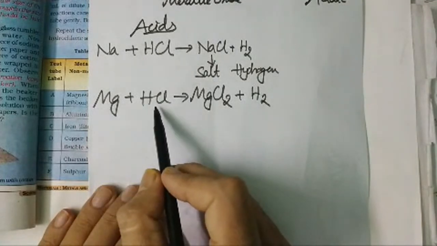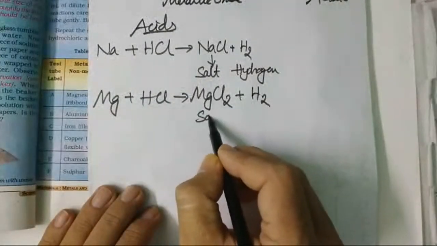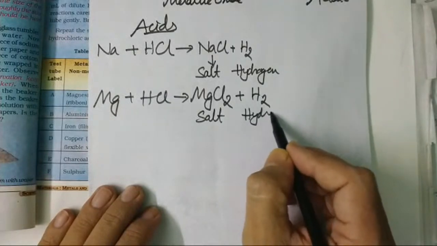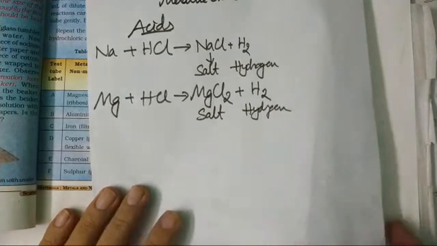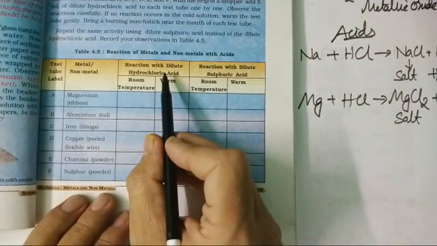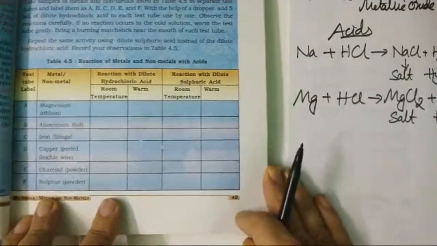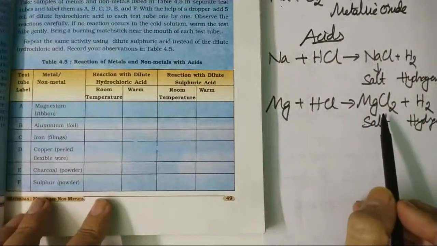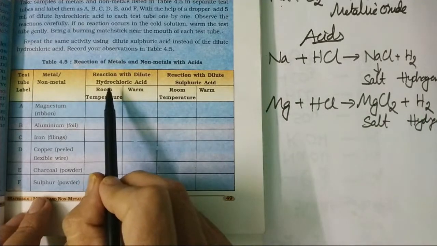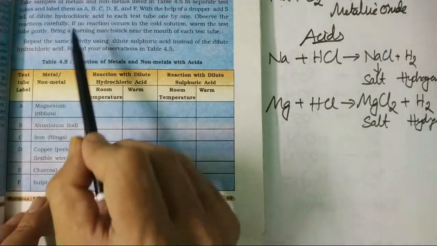Metals react with acid to form their salt and hydrogen gas. In the same way, magnesium will react with dilute hydrochloric acid to form magnesium chloride and hydrogen.